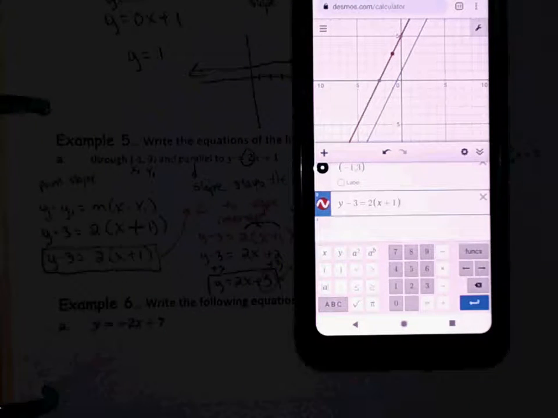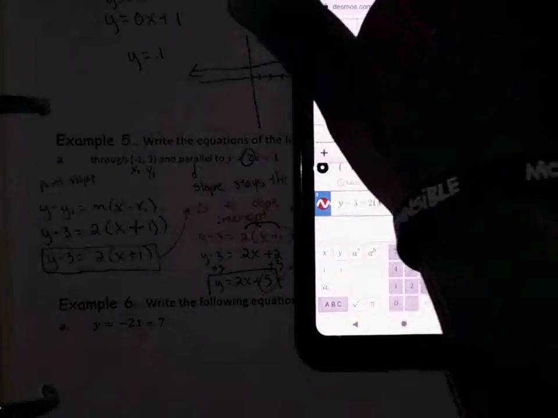As you can see, we have two lines that look like they're parallel, and they go through the point that they gave us. There's a reason why I keep emphasizing Desmos: you can go home and use it on a phone, a tablet, or a computer, and make sure that you're doing it right. I'll go over it more individually if anybody needs more time a little bit later.